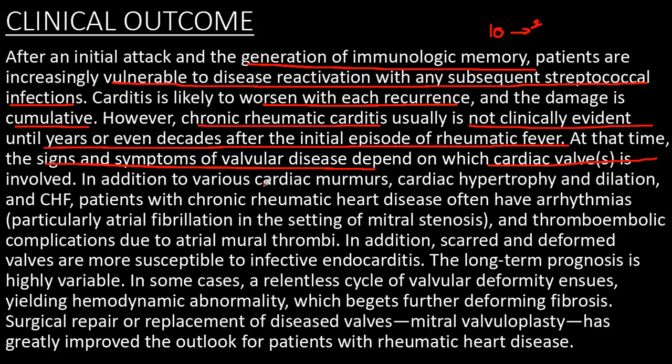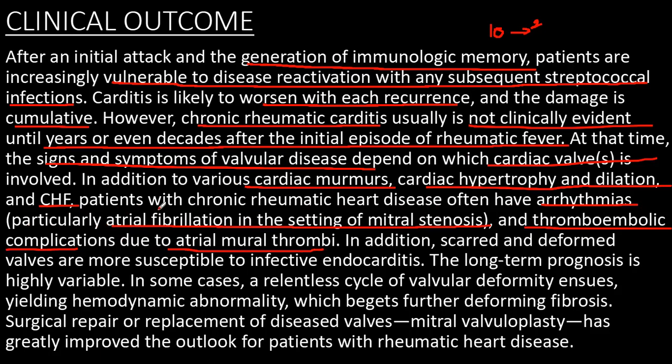Now, in addition to various cardiac murmurs, cardiac hypertrophy and dilation, and congestive heart failure, patients with chronic rheumatic heart disease often have arrhythmias, particularly atrial fibrillation in the setting of mitral stenosis, and thromboembolic complications due to atrial mural thrombi.